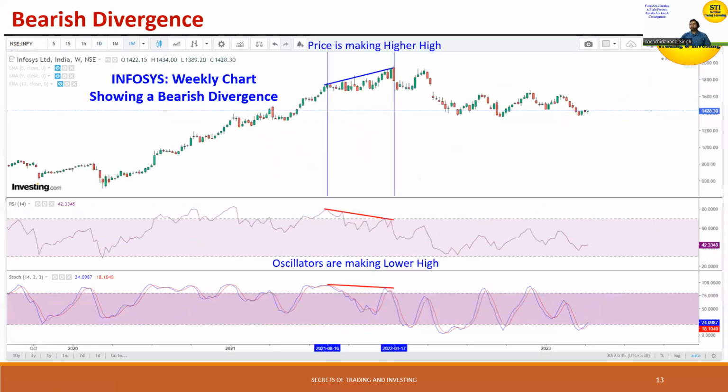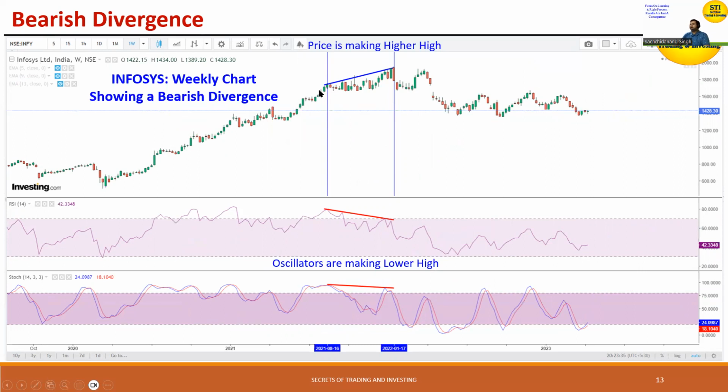Similarly, the bearish divergence typically happens at the top of the trend, when the price movement is at a higher level. That means the price at this level is a higher high as compared to the previous high.